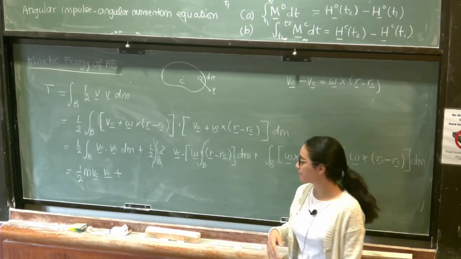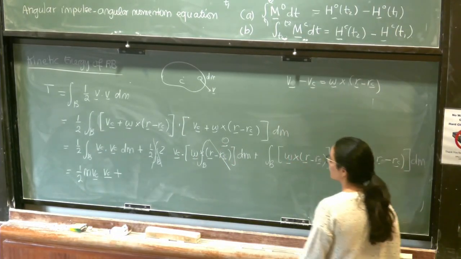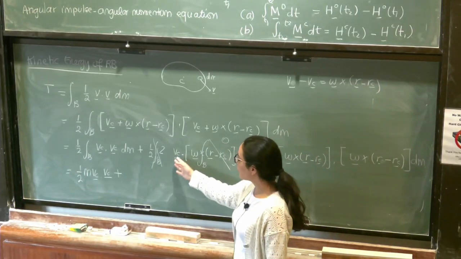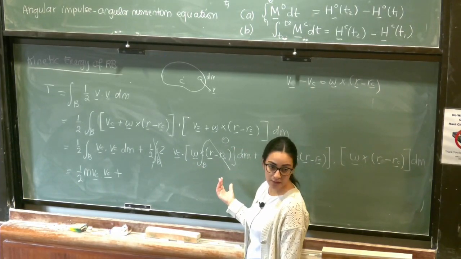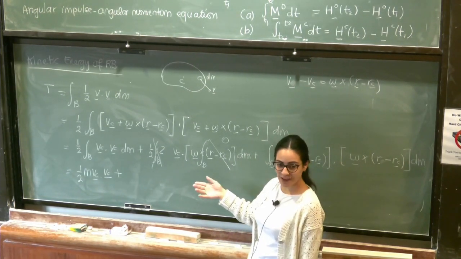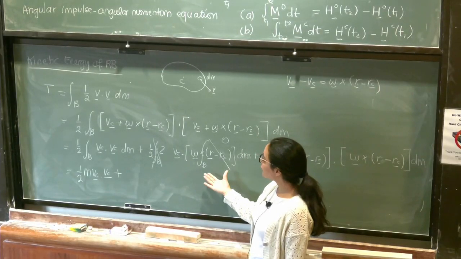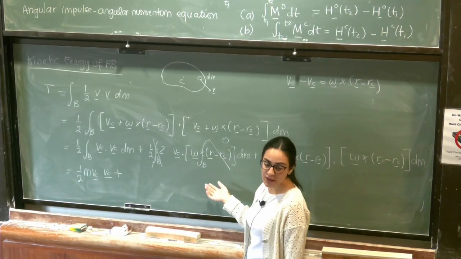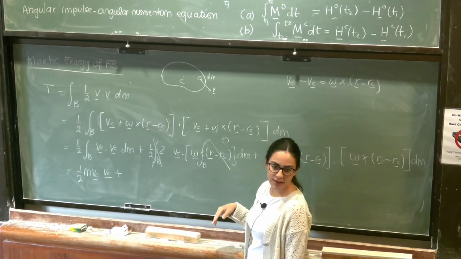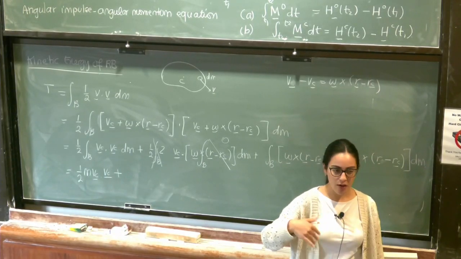That's 0, so this term is 0. We had the integral over the body of Vc dot omega cross (r minus rc), but Vc and omega don't depend on dm, so I can take them outside the integral. Then I get the integral of r minus rc dm, and we showed many times it's 0. By definition of rc, you'll get that it's 0. It's basically calculating the average from the average.